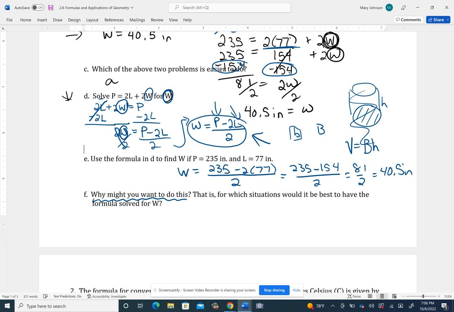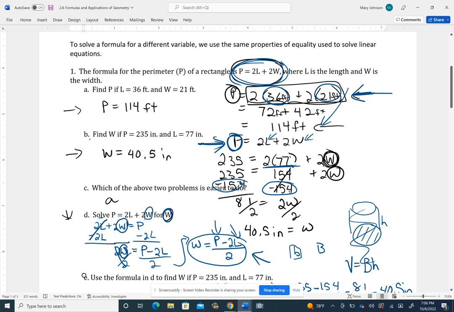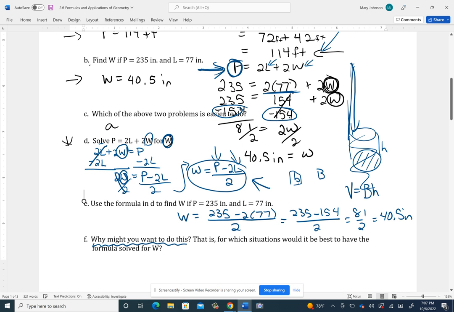If I gave you 100 homework problems, and on every homework problem, I gave you the perimeter and I gave you the length, and I had given you this formula right here, that means you would have to do these steps right here, this solving process 100 times. You would get sick of it. And on your own, you would say, every single time I subtract twice the length, and then I divide by 2.